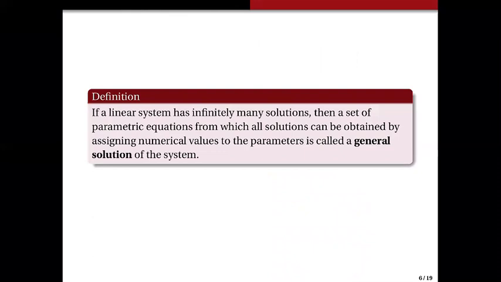So now, how do we solve the linear system using the augmented matrix? We mentioned that we can reduce it to its reduced row echelon form. And once we have the reduced row echelon form, we bring back the equations to solve for the general solution, or the actual solution if there's only one solution.